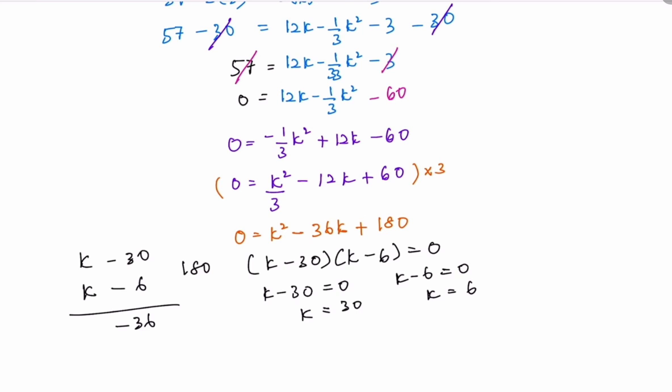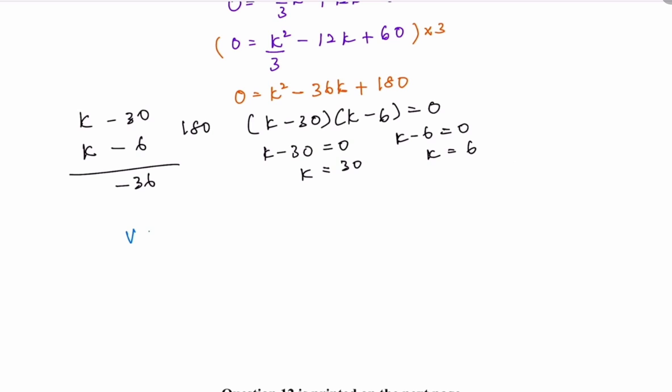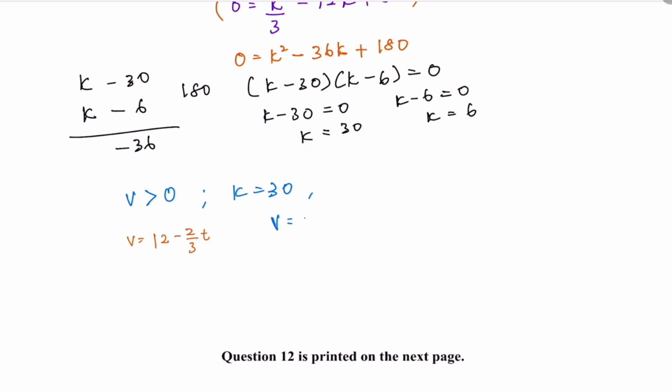Now, there's a condition over here that the velocity is positive and the acceleration is negative. V must be bigger than 0. So when K is equal to 30, our V will be 12 minus 2 over 3 times 30. This will give us V equal to negative 8. So we know this doesn't follow the condition of V must be bigger than 0.